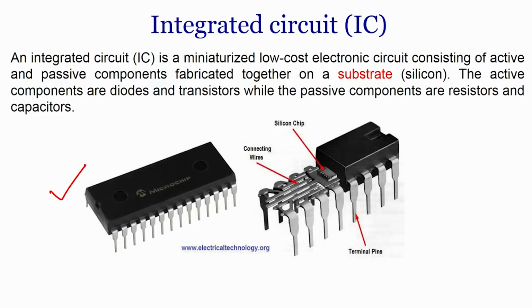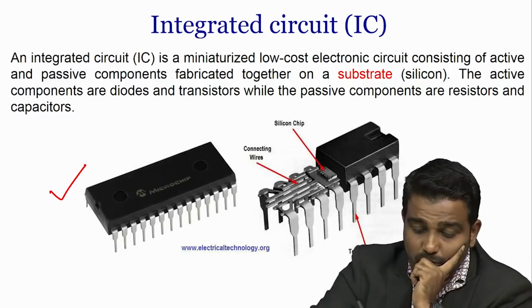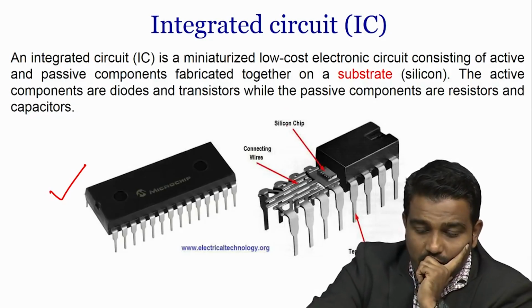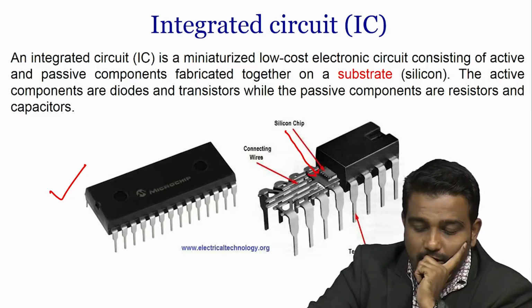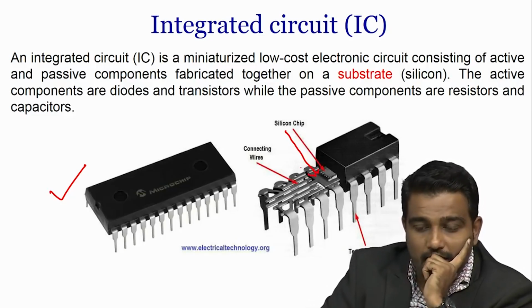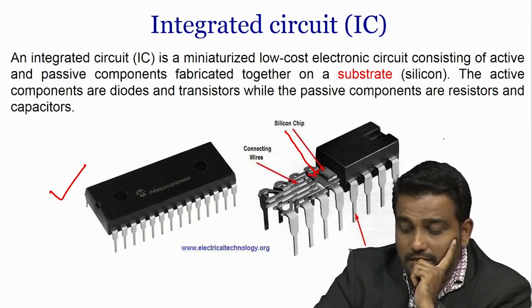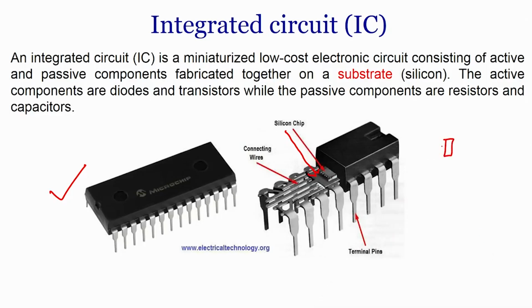Now, what you see here is very interesting. You see this arrow, it goes right to this particular chip, which is extremely small. This is a small chip of silicon, and within this chip there are thousands and thousands of transistors integrated with each other to form different kinds of circuits.